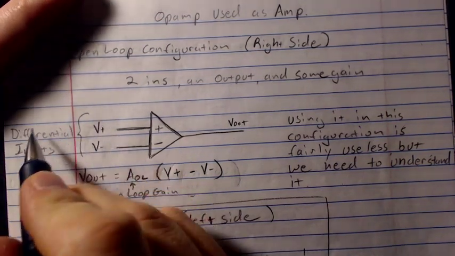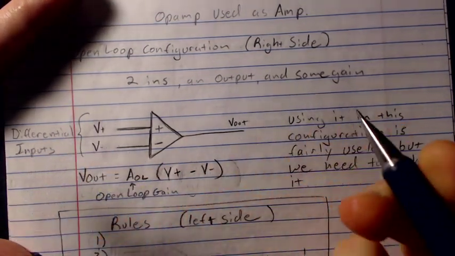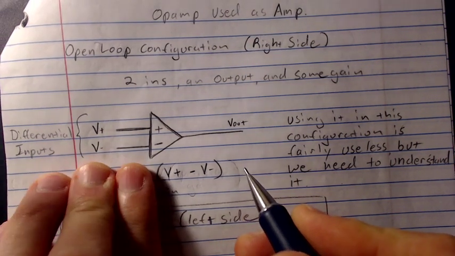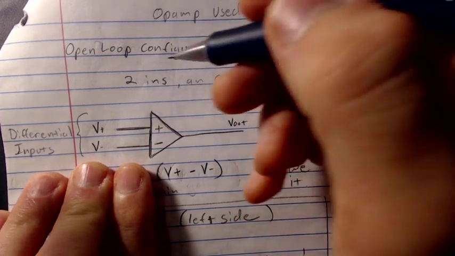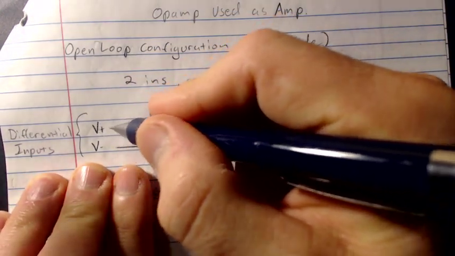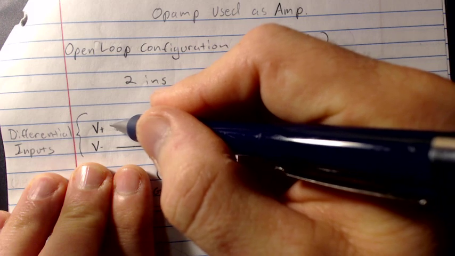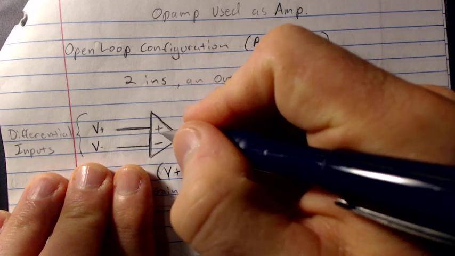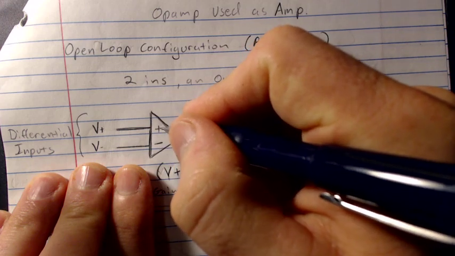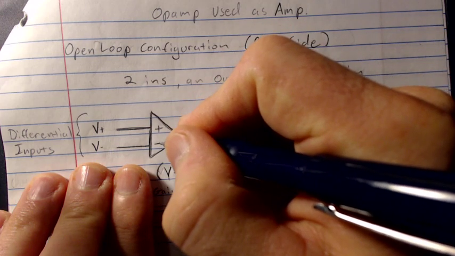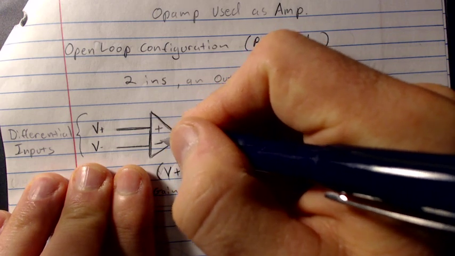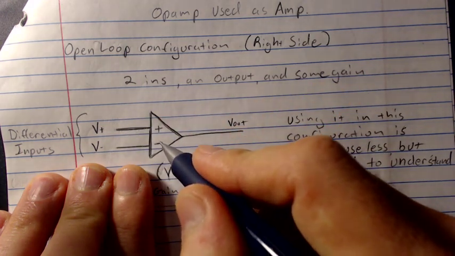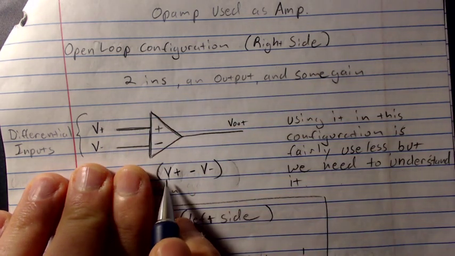By differential input, all we're saying is V plus minus V minus. Don't worry about this front part here right now. We have our non-inverting input, and we subtract from that our inverting input. The signs we use to refer to the non-inverting input versus the inverting input really make sense here: plus whatever voltage is here, minus whatever voltage is here. It's exactly what we're saying here.